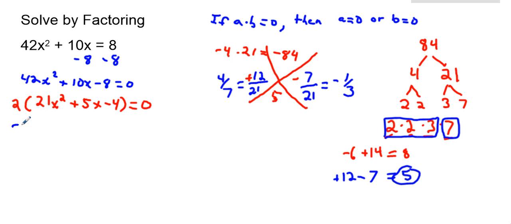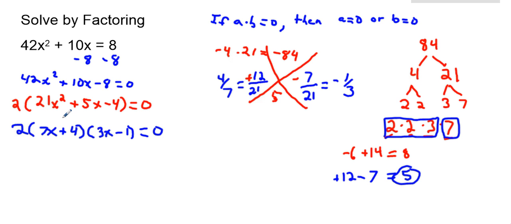So we can rewrite our problem as 7x plus 4. Our next one, using the negative 1/3 and bringing the 3 in front, would be 3x minus 1. Now by factoring, we have 2 times this expression times this next expression equals 0.